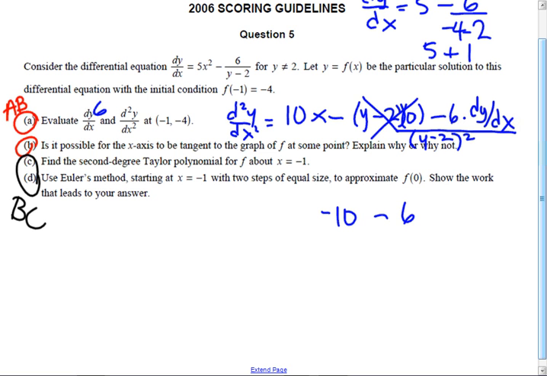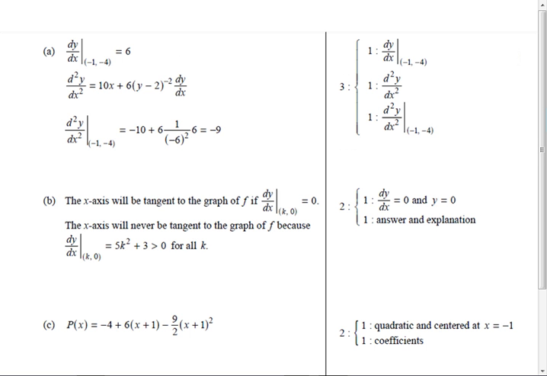Minus 6, and dy/dx was 6, all over (y minus 2) squared. 4 minus 2 squared is 36. Now let's see. That's a negative, and that's a negative. So it's going to be negative 10 plus 1. I think it's negative 9. Negative 9. Good. I did that right.